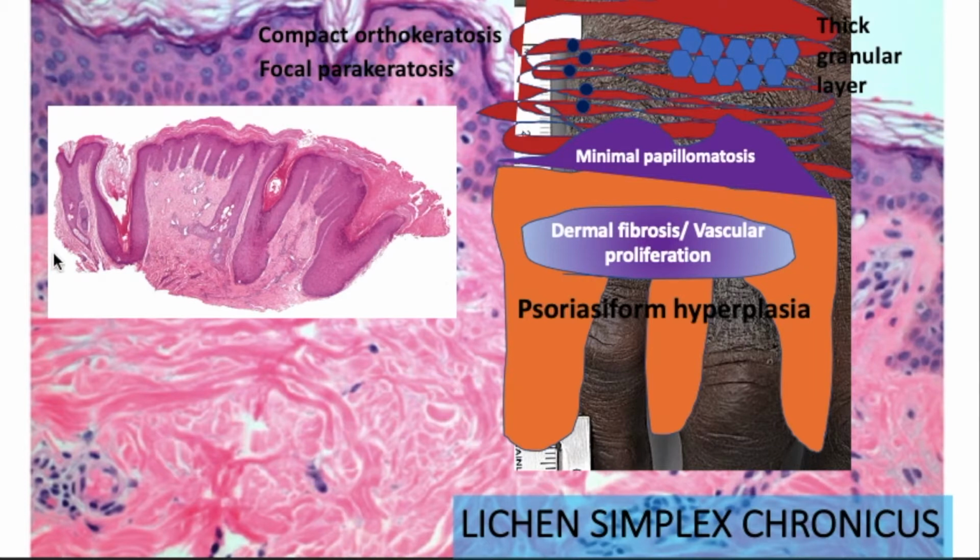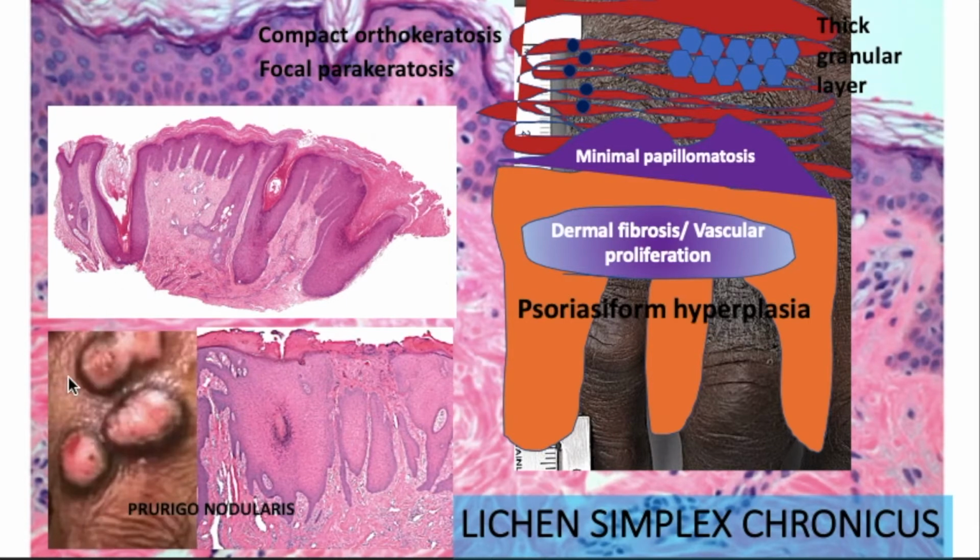As we see in this example, there is a little bit of papillomatosis and compact orthokeratosis. We see the dermis, how it is fibrous, and we see increased vascularity. We have to differentiate this lesion from prurigo nodularis because of the similarity in the epidermal hyperplasia and also the thick corneal layer.